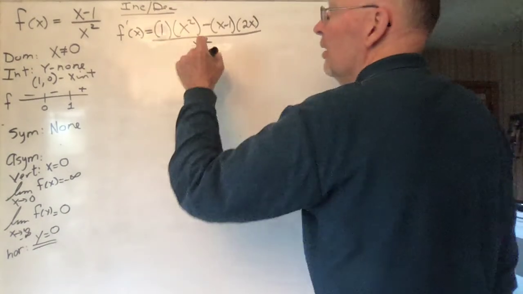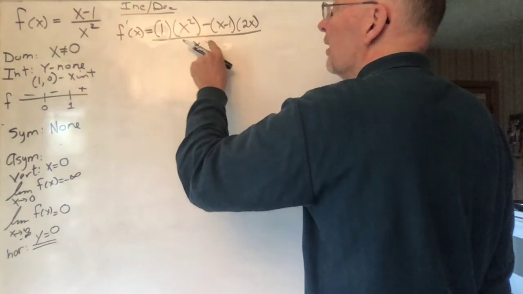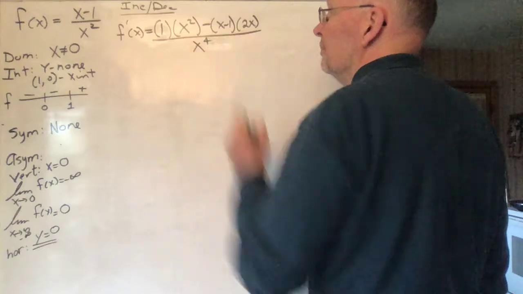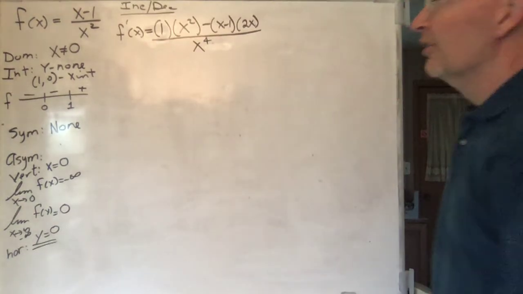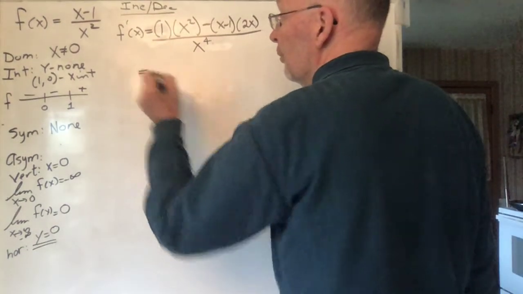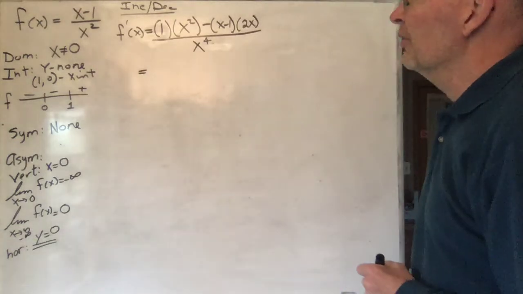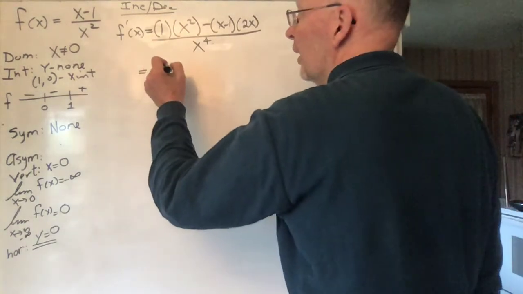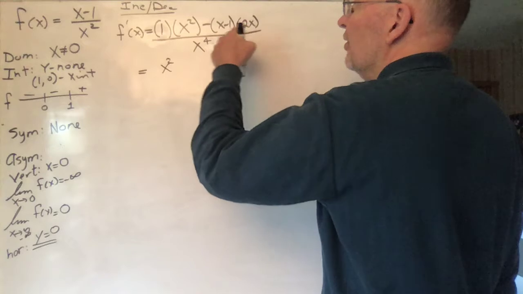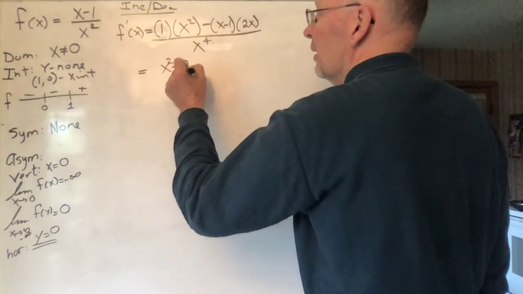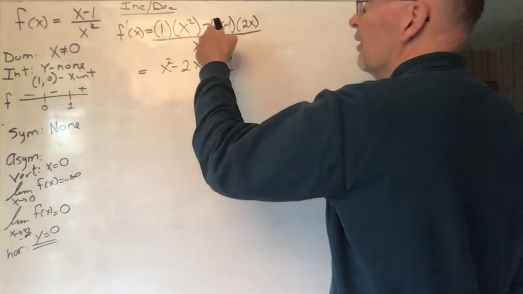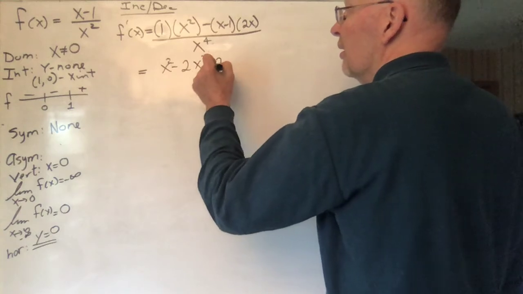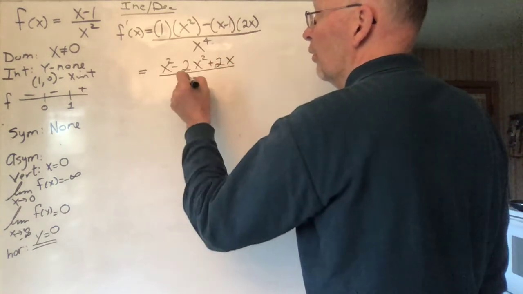If you take x squared and square it, you get x to the 4th. Let's simplify so we can figure out where this will be equal to 0. Here you get x squared, here you get minus 2x squared, and here you get plus 2x, all over x to the 4th.